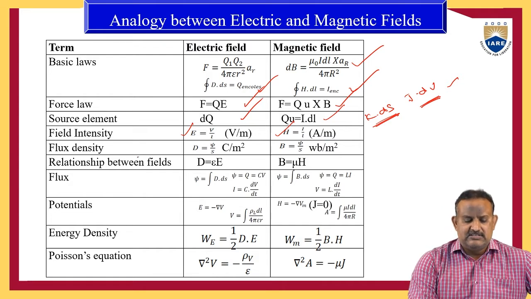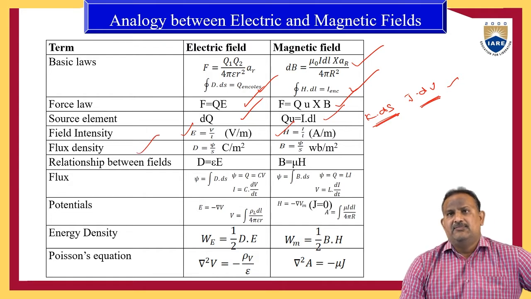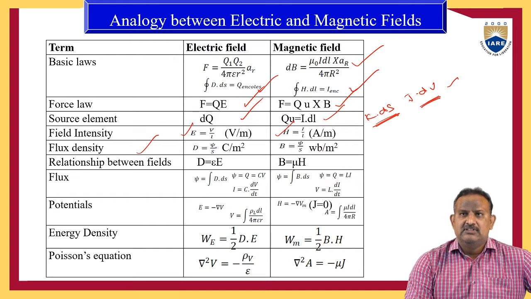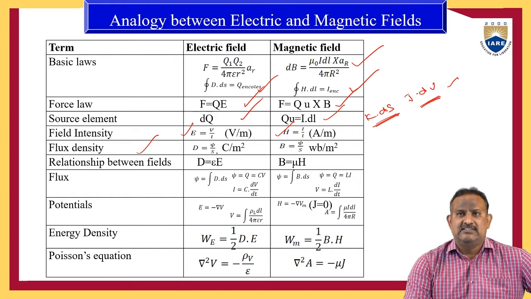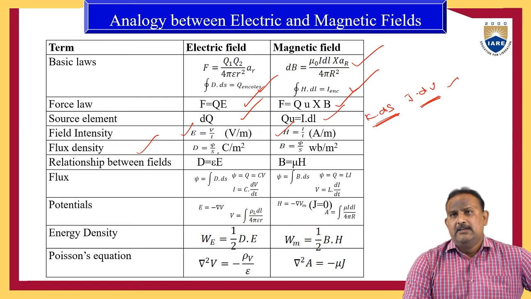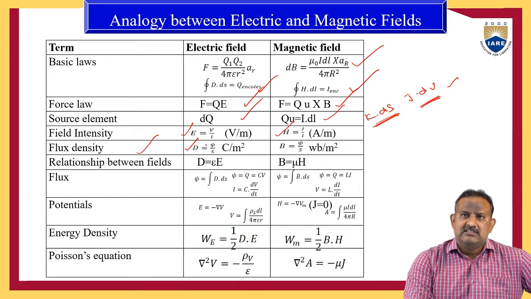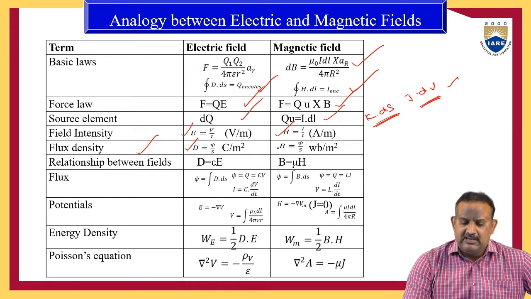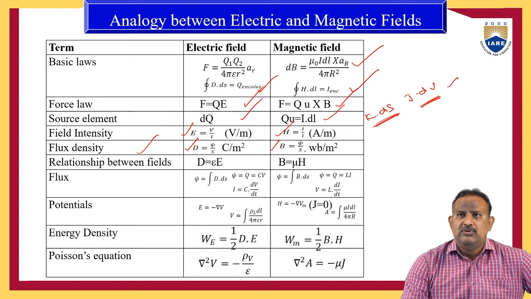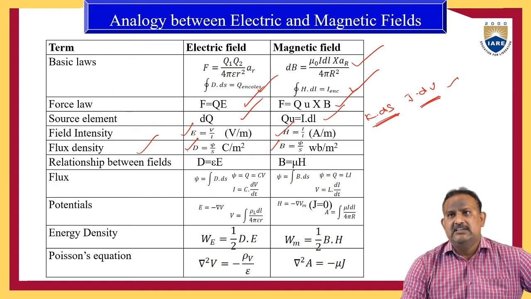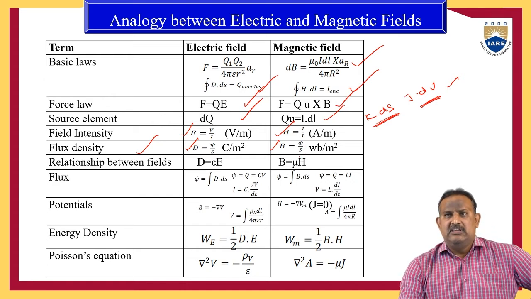Next parameter is flux density. The electric flux density D is equal to psi by S, where psi is the flux and S is the surface area, in coulombs per meter square. Same as the electric flux density, the magnetic flux density B is equal to psi by S, where psi is the flux and S is the same surface area.